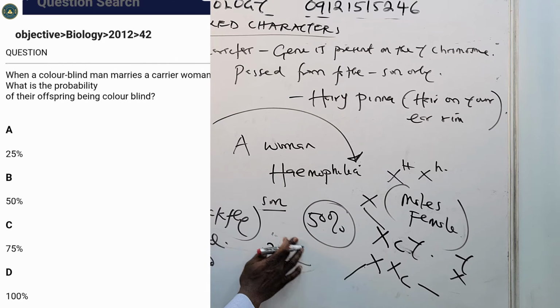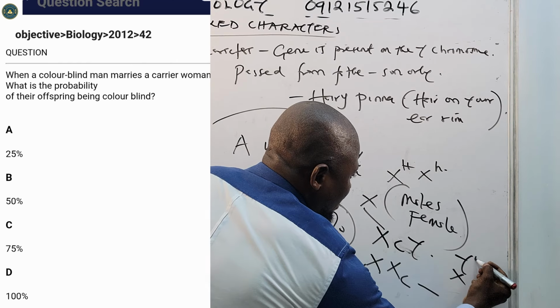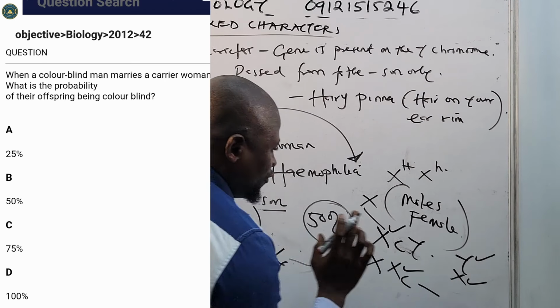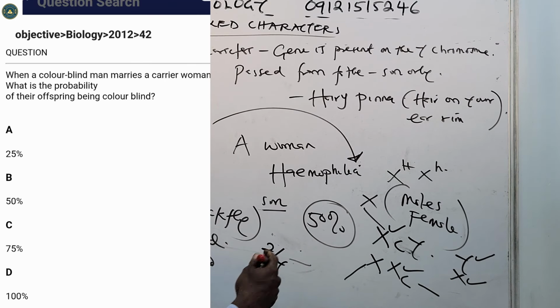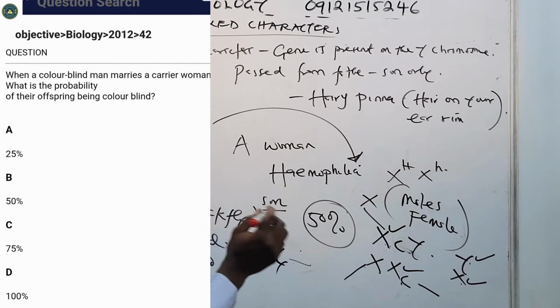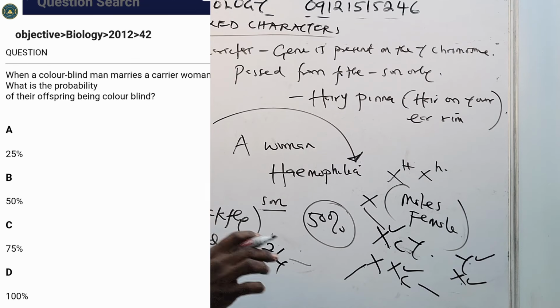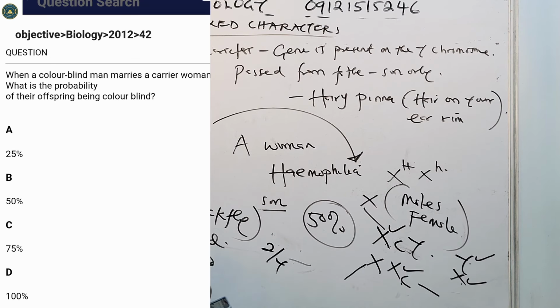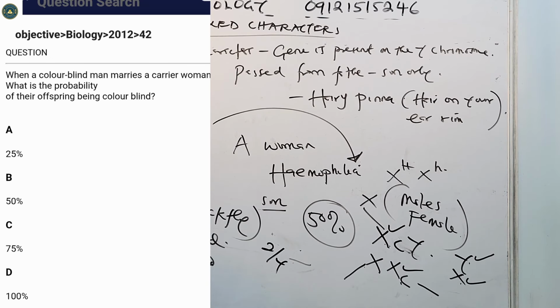If the offspring has this and this, it will be a boy that does not have colorblindness. If the offspring has this and this, the offspring will be a girl that will have it, definitely. So there's a 50% chance for the offspring to have colorblindness. The correct answer is option B.